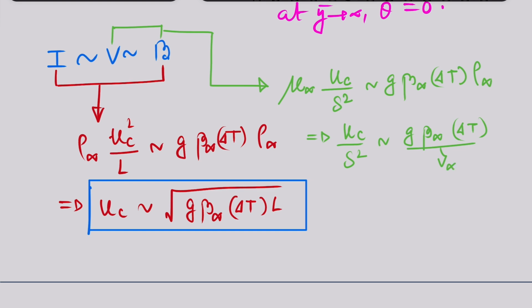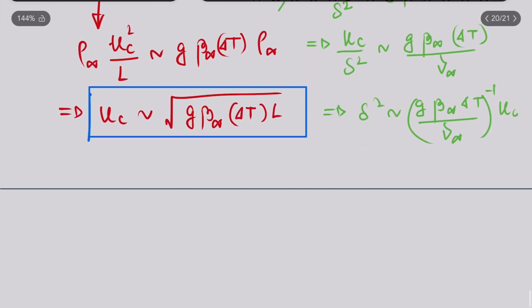So nu infinity, okay. So that means my delta square is of the order of g beta delta t by nu infinity whole to the power minus 1 into uc, okay.